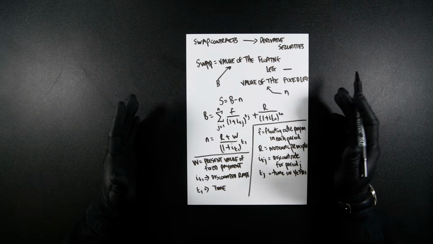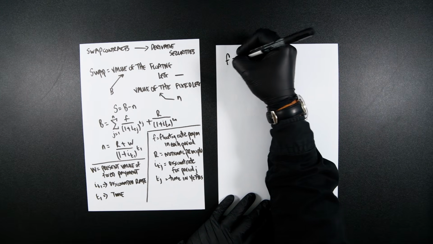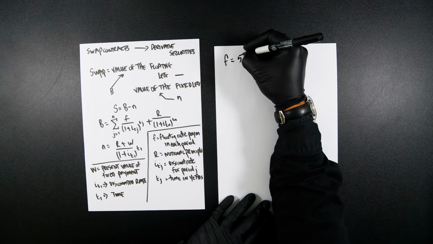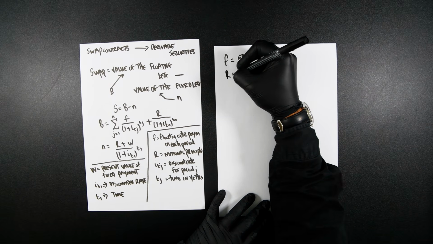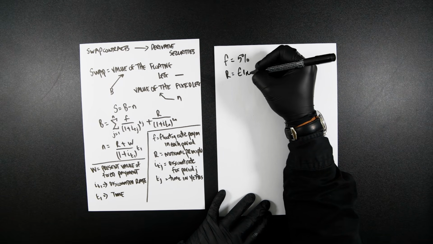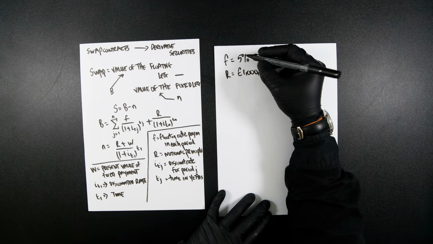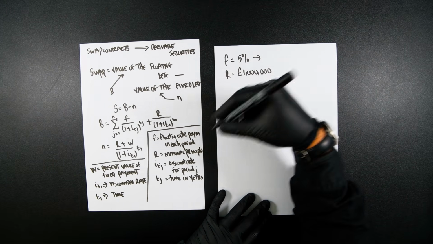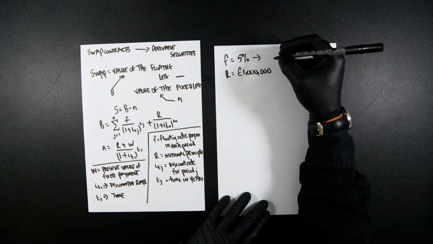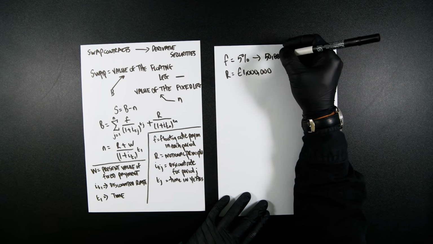So now let's get an example and let's plug it in. So let's make F be 5%. Let's make R a million. So if we know that that's 5% and R is a million, which R being the notional principal, we know that this is going to be 50,000.